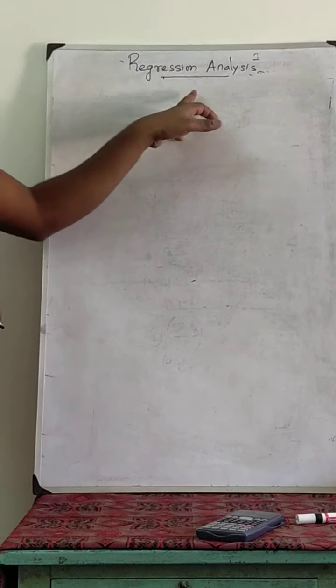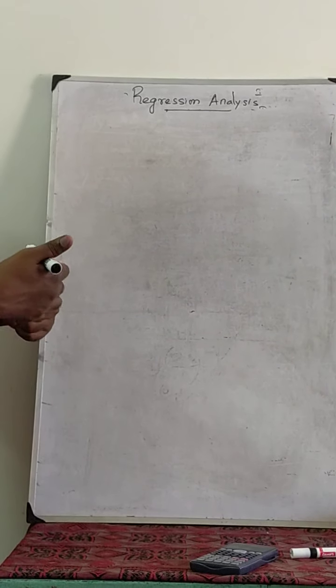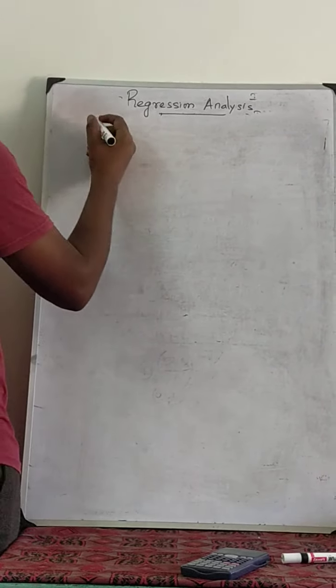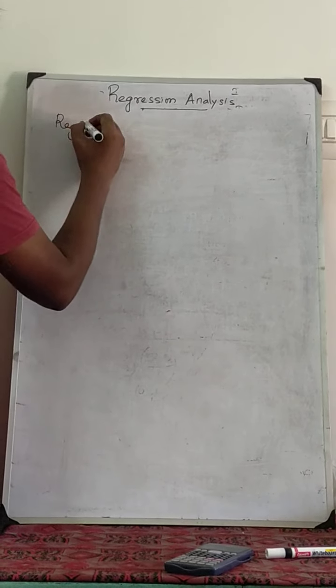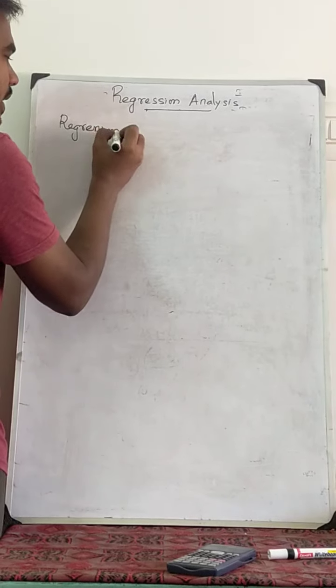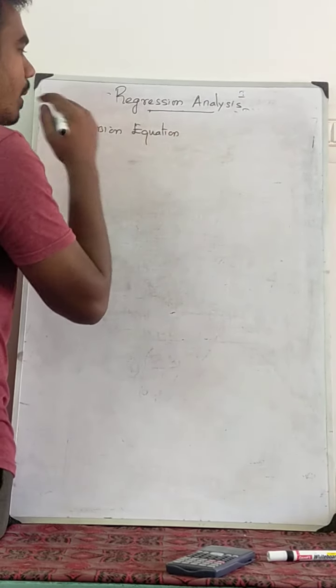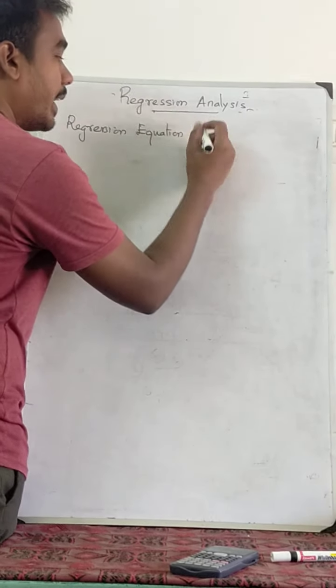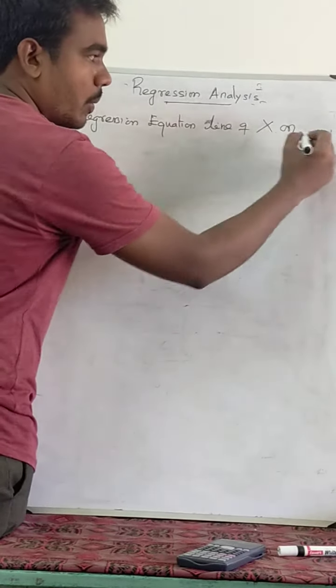To do this regression analysis, we should know some manual calculation. So here, the regression equation line. This is very important. Regression equation line of x on y.